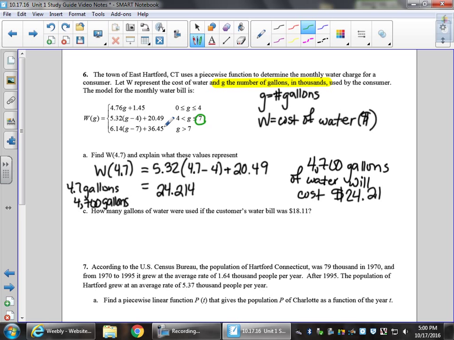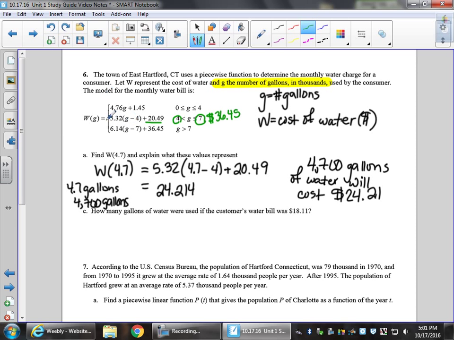So I'm going to do 5.32 times 7 minus 4. I'm plugging into the middle piece right now. I get 36.45. And when I plug in 4, I can hit second entry, so I don't have to do it all over again. 20.49. So that did work, because when I plug in 4, 4 minus 4 is 0. But you could just plug in 4.